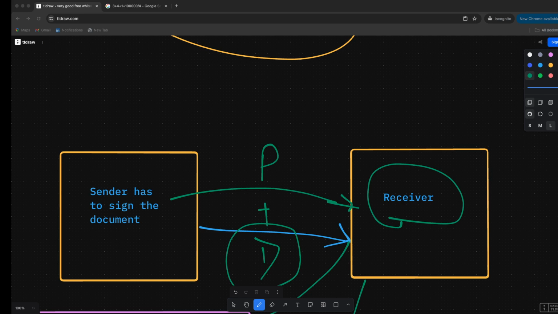But then what are the drawbacks, or problems, in asymmetric cryptography? Let's see.